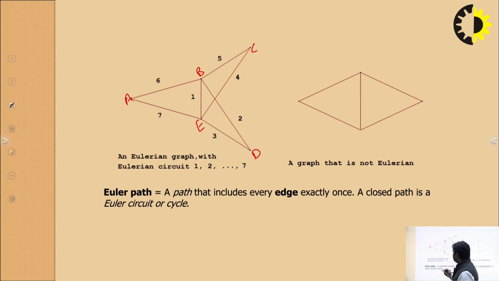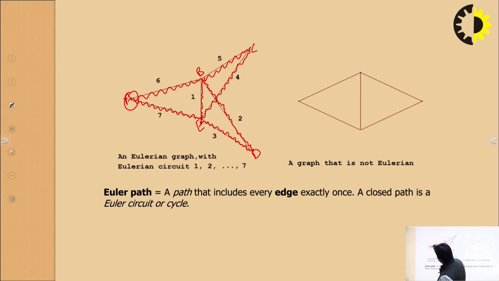Here we start with A and reach B, then C, D, E, D, B, E and A. The start and end point are the same.